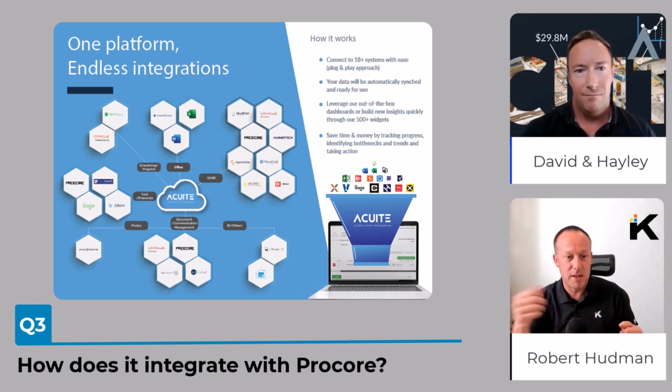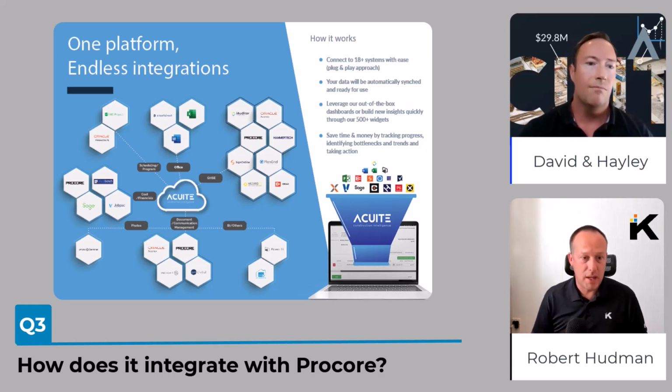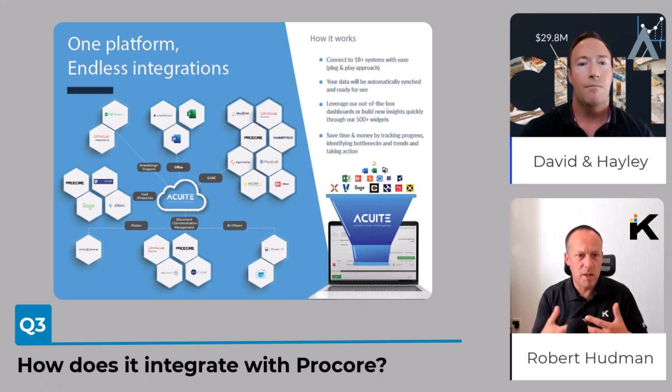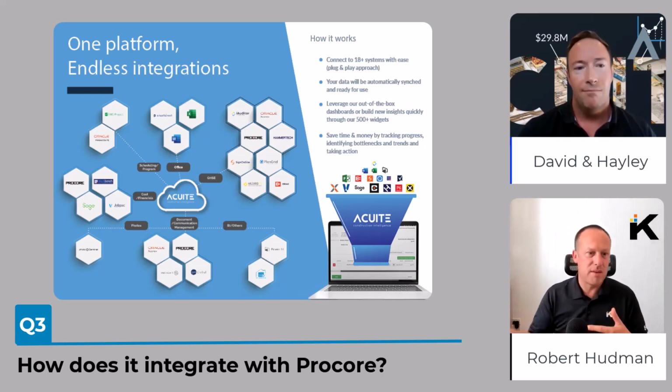And feel free to bring in some of the other integrations, because I think that's an important point, as it's not just that Acuite connects to Procore, but it connects to a range of things. What gets connected with Procore and Acuite, and what are the other systems that are commonly connected to Acuite as well, to give you that total picture?